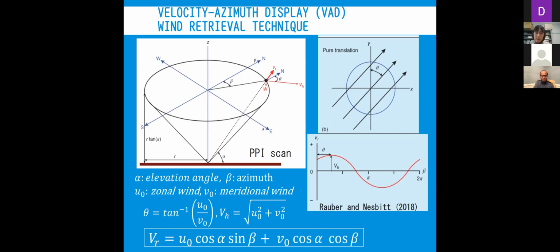The amplitude and phase of the sinusoidal curve can be converted to the horizontal wind at that altitude. The estimation of the horizontal wind at each altitude of one PPI scan can produce a vertical distribution of horizontal wind.